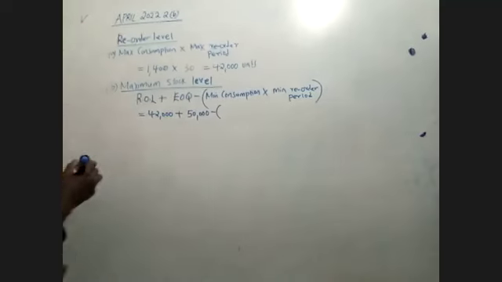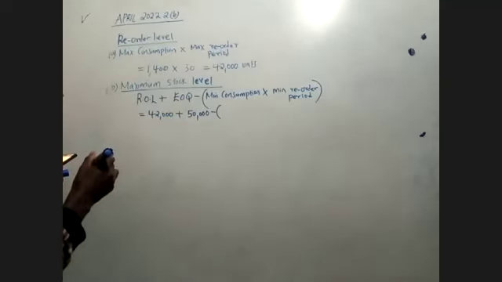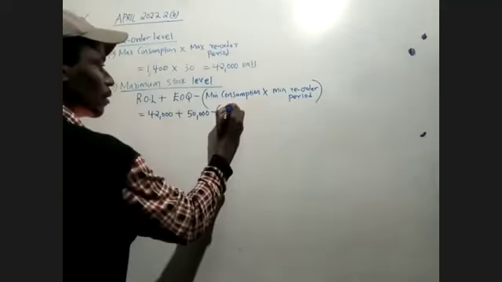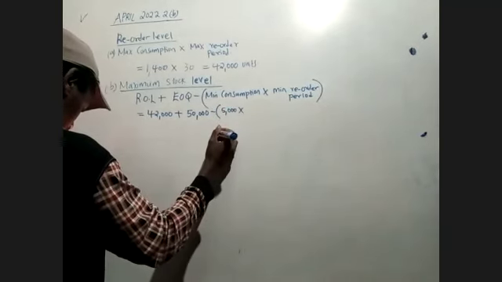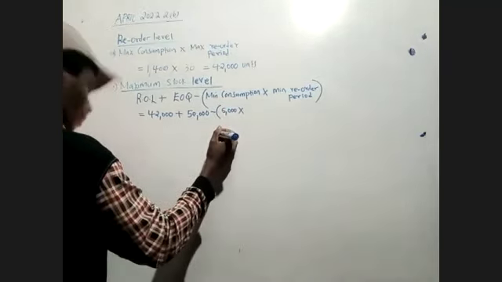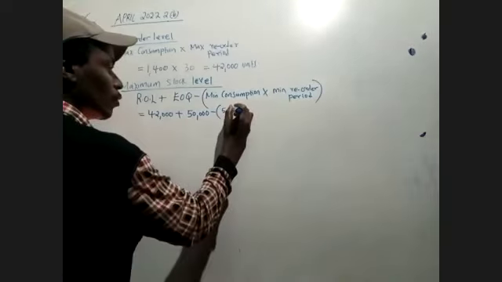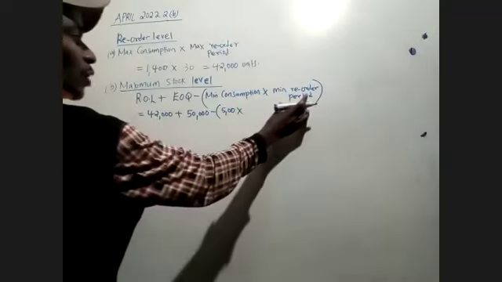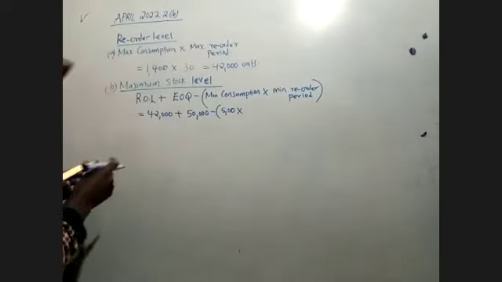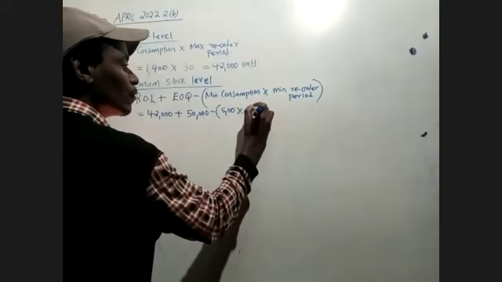Then you're supposed to get the minimum consumption. So minimum usage is 500, not 5,000. Whatever the minimum reorder period. So now, this one is lead time. The minimum is 25.